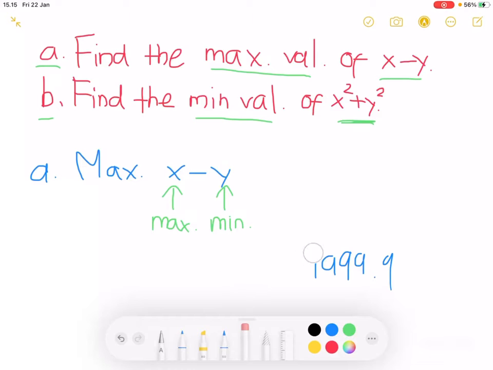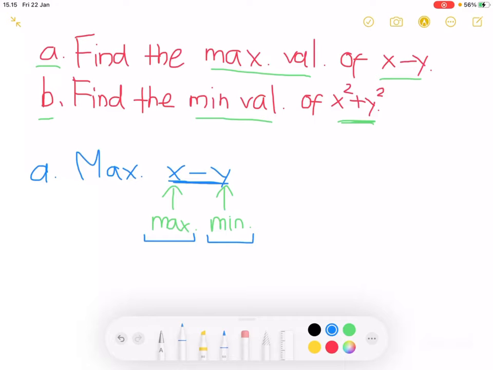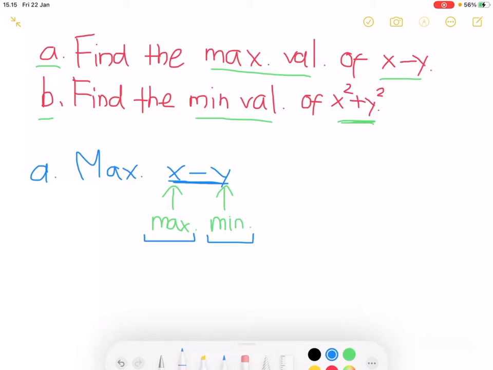And notice that y can also be negative, and the smaller the y value is, or the bigger the x value is, the larger the expression x minus y will be. So all we need to do is to choose the biggest value of x and the smallest value of y.